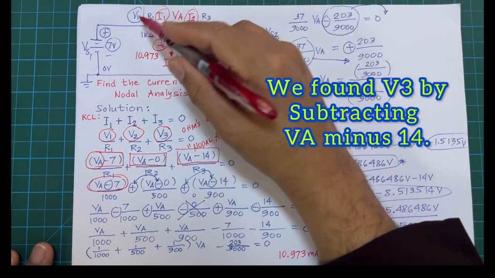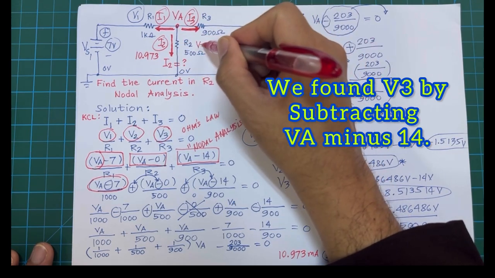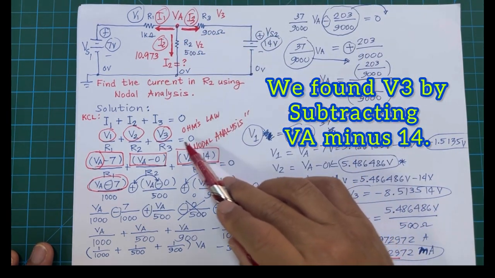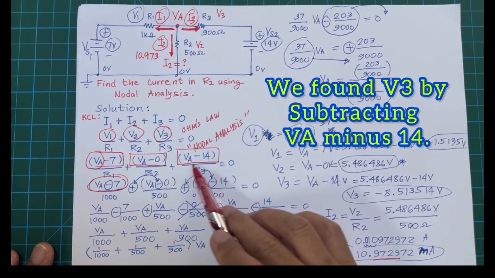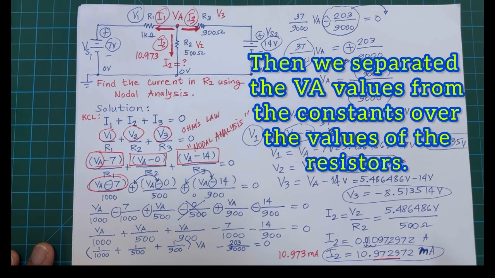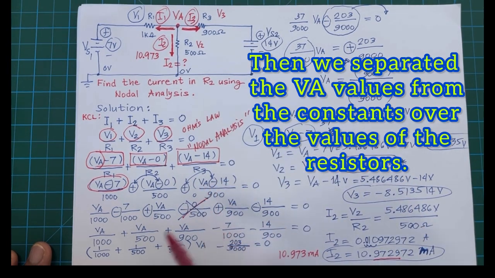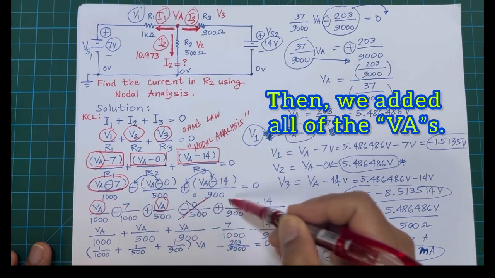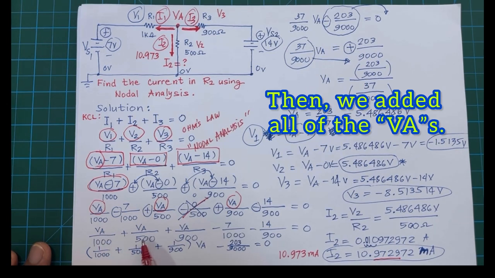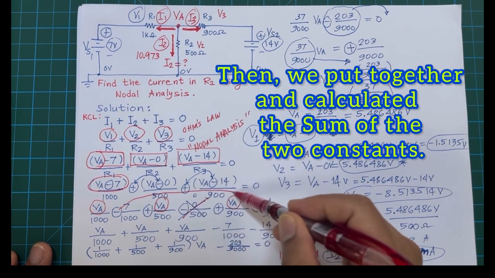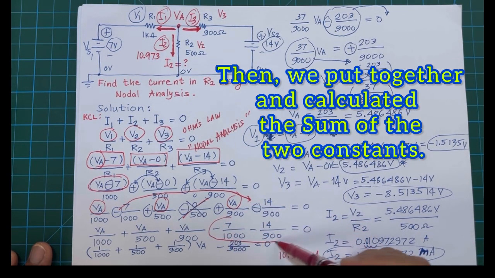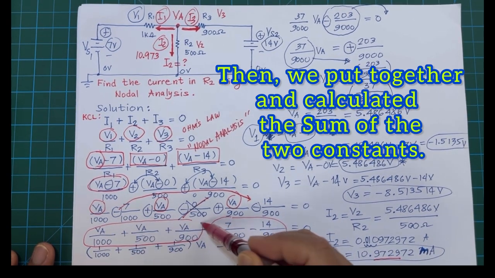That's why we did it like that. So we found V1 by subtracting VA minus 7, VA minus 0 for I2, and VA minus 14 for I3. That's so easy, right? We don't need to think too much. It's always VA minus something, VA minus something. So VA minus 7, we separated them, including VA minus 0 and VA minus 14.